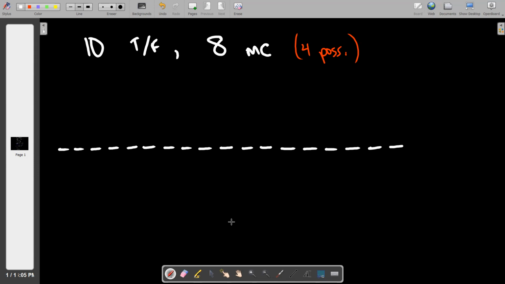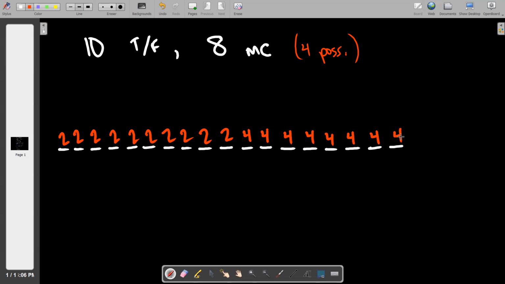On a true-false question, how many ways can you answer that question? 2. So every one of these first 10 blanks is going to be 2, 2, 2, 2, 2, 2, 2, 2, 2, and 2. Now on the last part, the multiple choices, how many ways can you answer each of those? Good job. So we're going to have 4 possibilities, so on down the line like this.